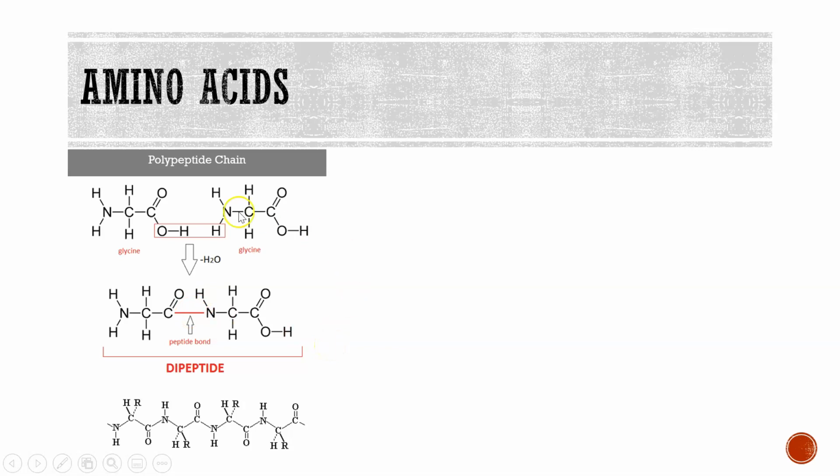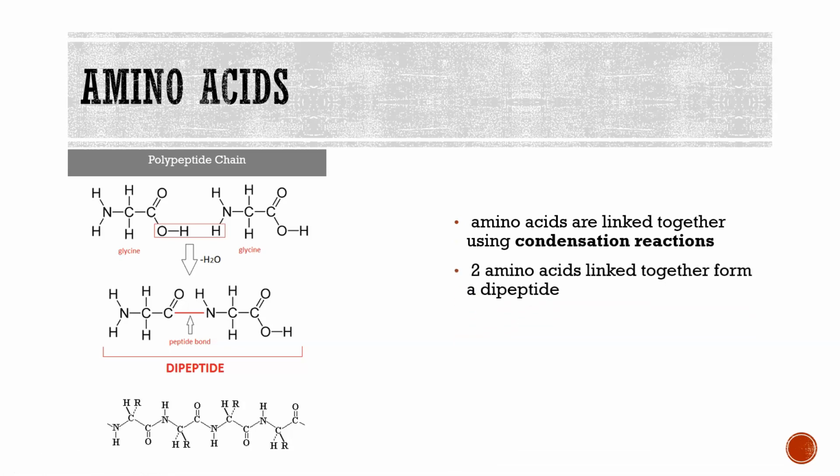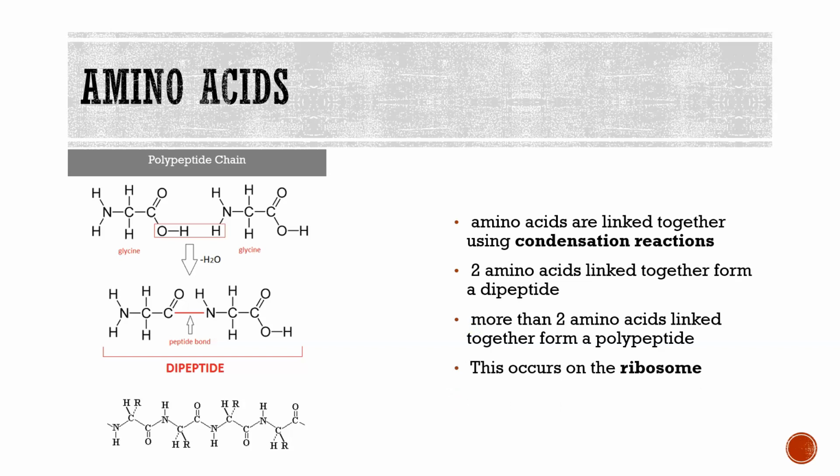Our polypeptide chain means many peptide bonds: amino acids linked together by condensation reaction, as we just said. Two amino acids linked together form a dipeptide, di meaning two. More than two amino acids linked together form what we call our polypeptide.